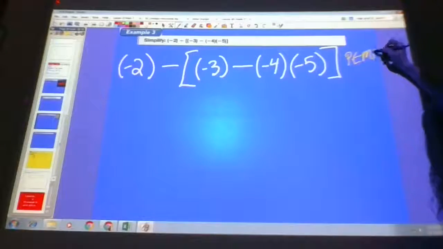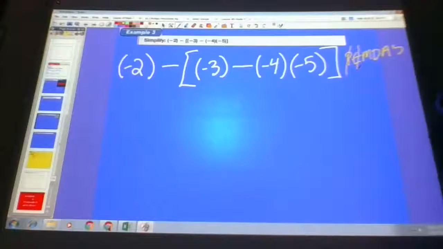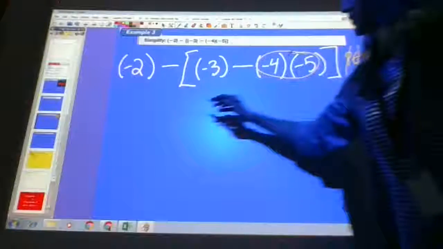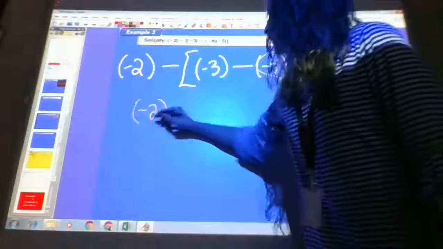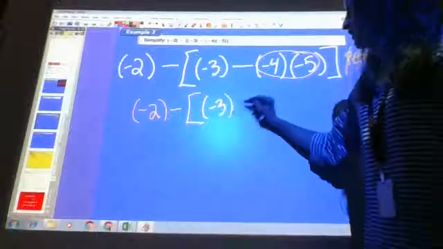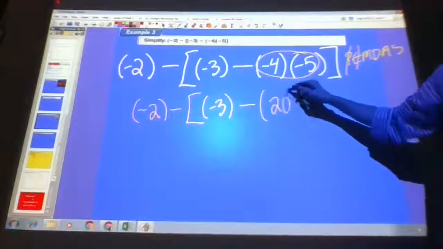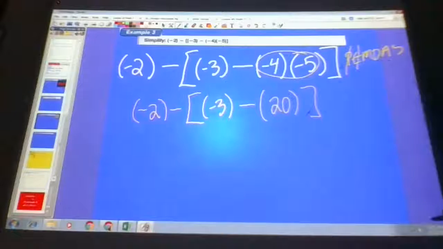PEMDAS. Hopefully you guys noticed. There's no parentheses. There's no exponents. There is multiplication, so we better do that. So we have -2. Once again, minus then, brackets, parentheses. Then we go minus. Well, 4 times 5 is 20. Keep all these symbols straight. No more multiplication.